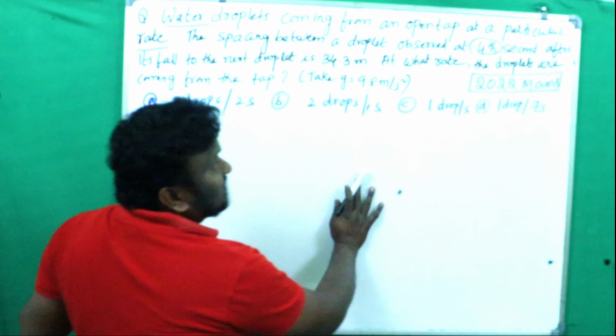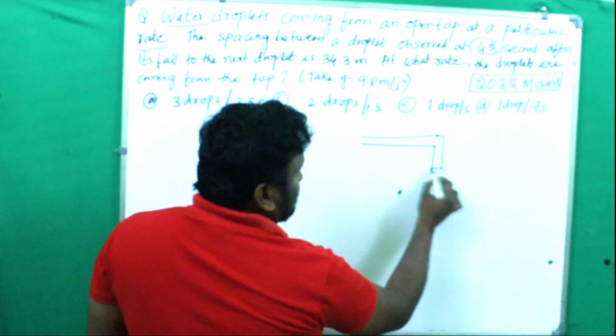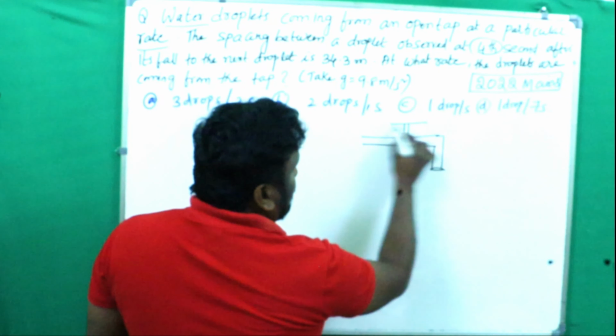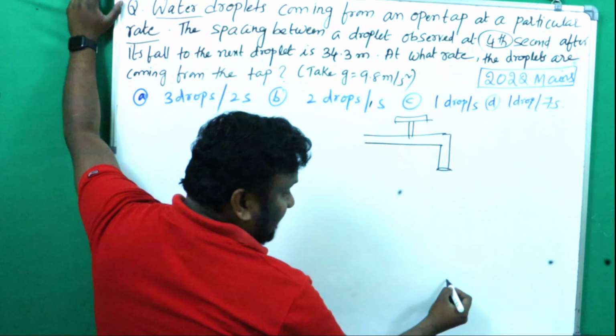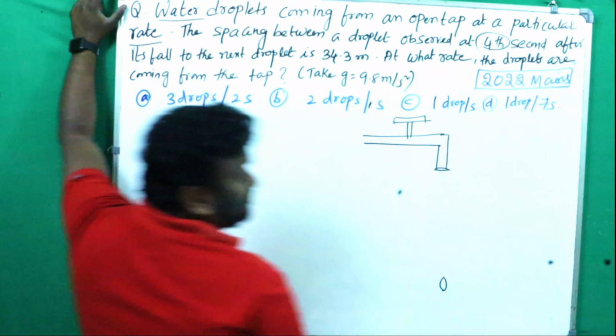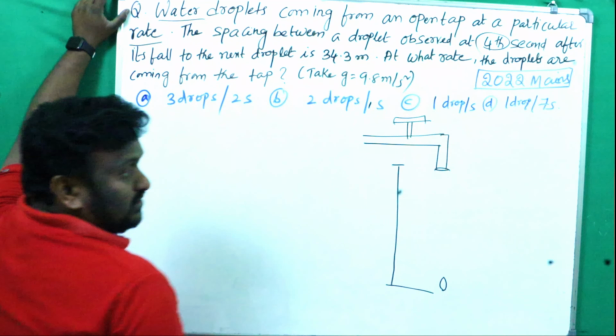Dear students, it is simple. It is one open tap, and from it the drops fall one by one. So this is the first drop, and after 4 seconds it is at this position.